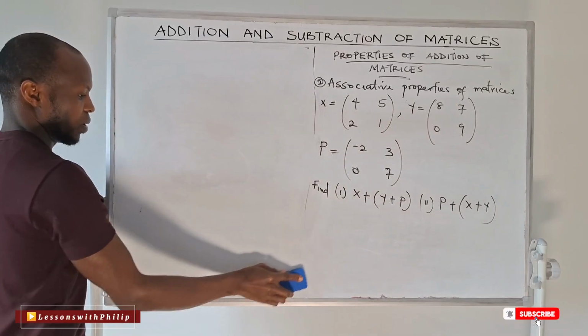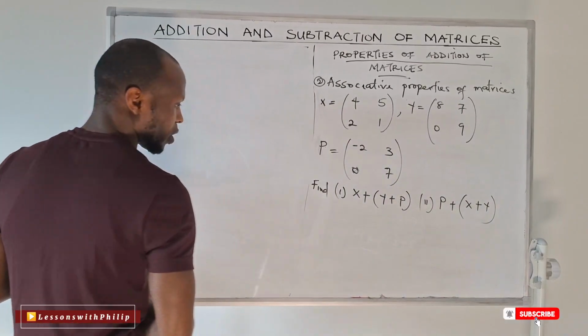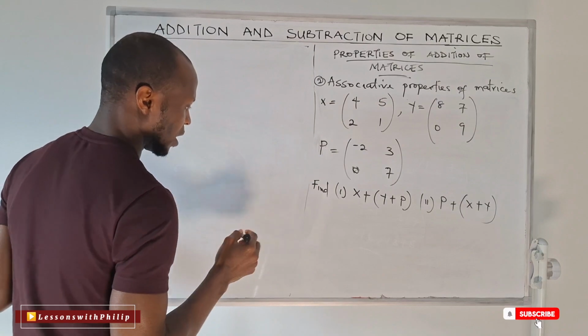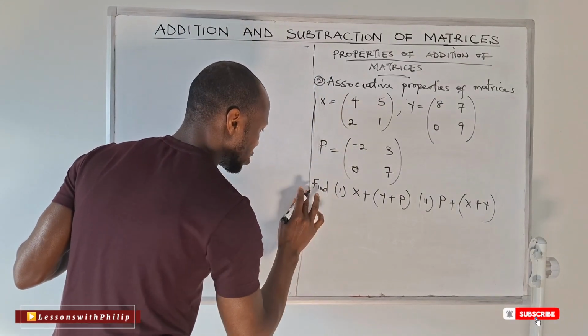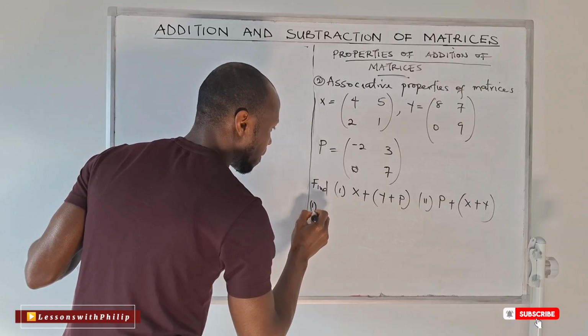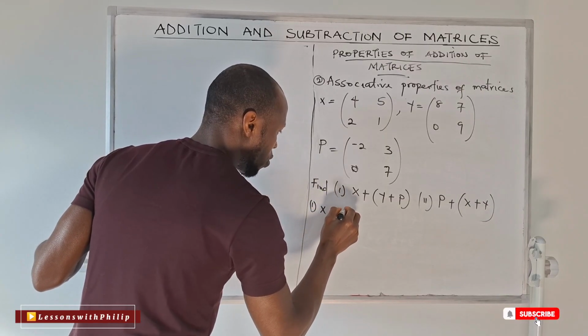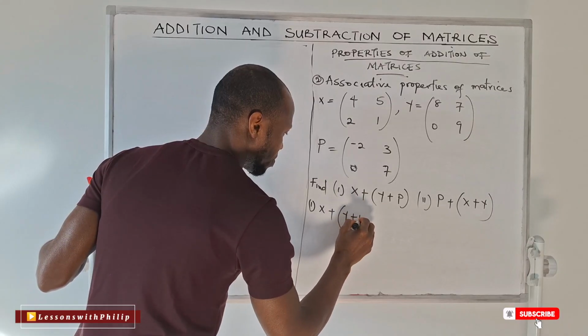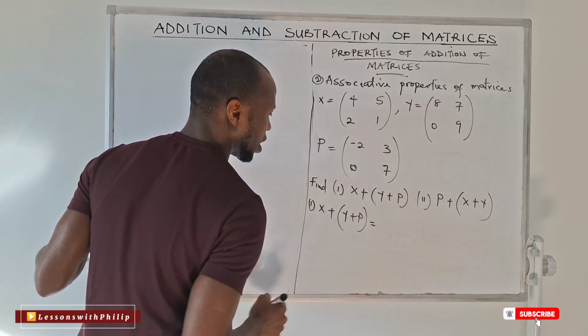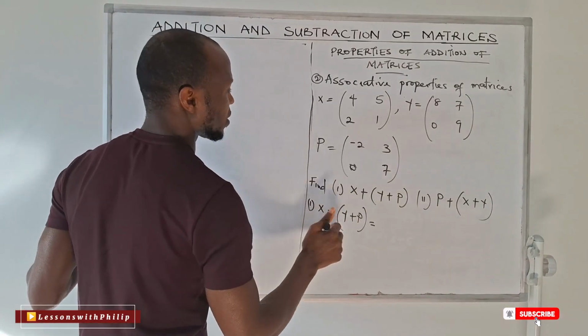For Roman figure 1, the first question, we have to find X plus, open bracket, matrix Y plus matrix P. That will be equal to, what is my matrix X?